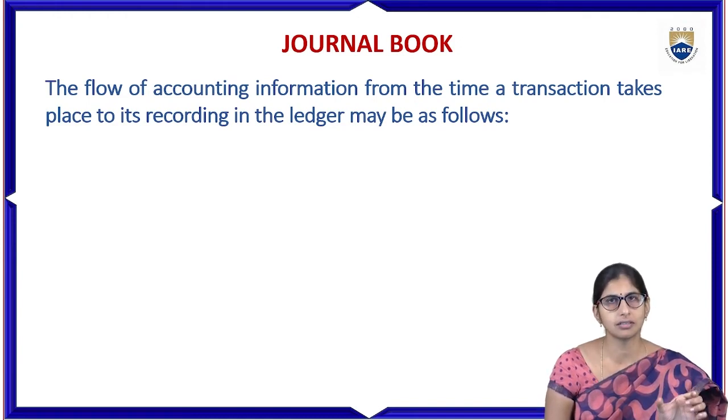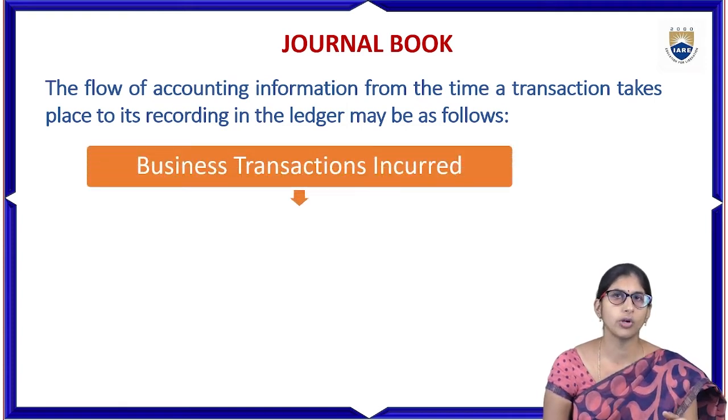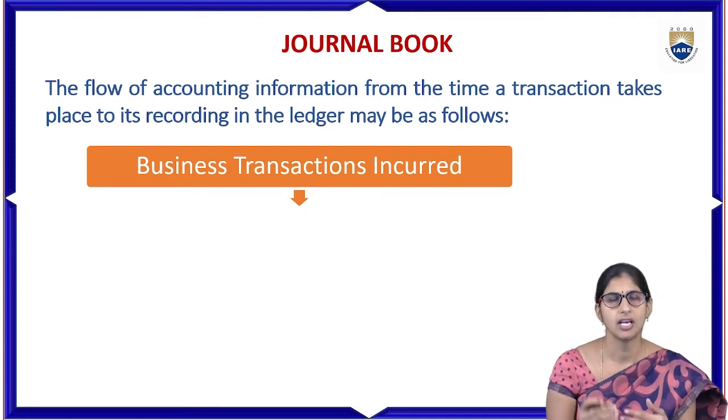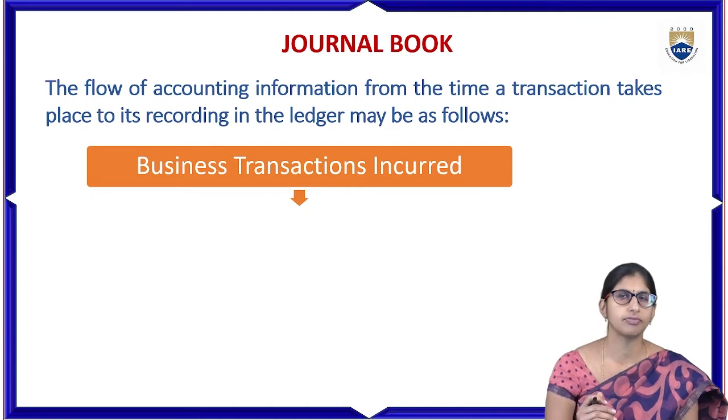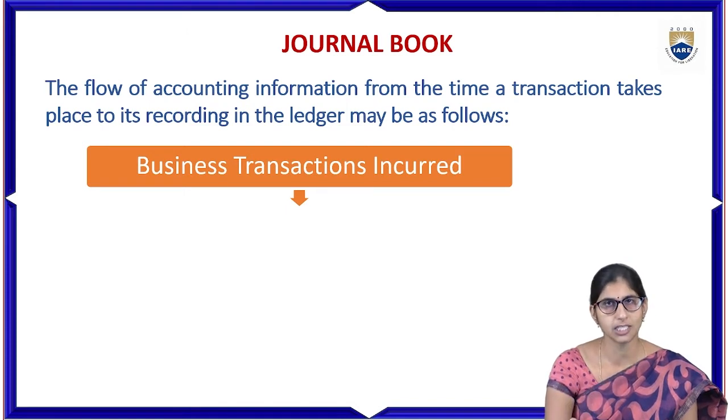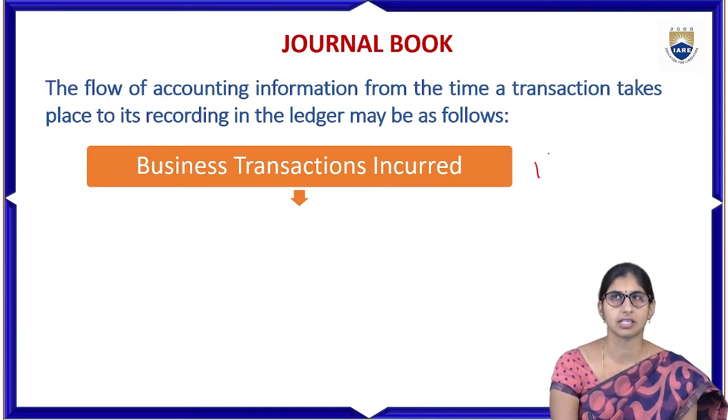Once that business transaction is incurred, we do bookkeeping, where we write that so and so transaction has happened. For example, I have sold goods to some person X. This is the transaction happening in the business. That is the first stage.